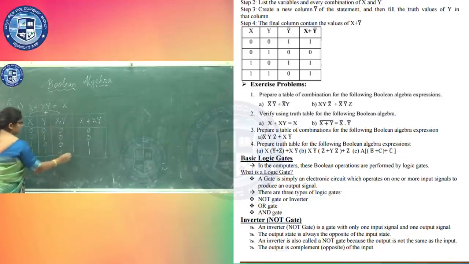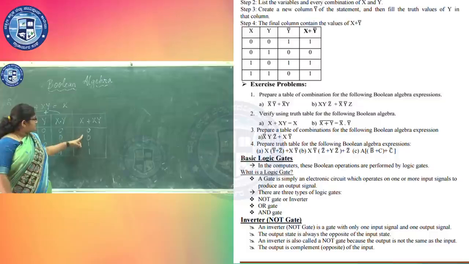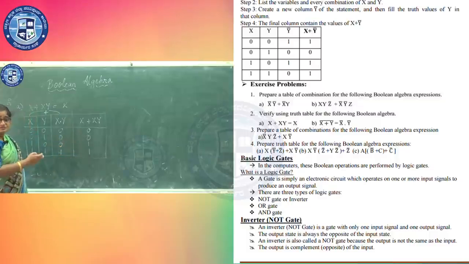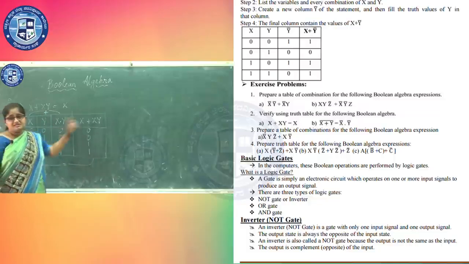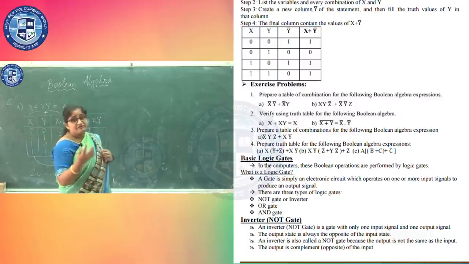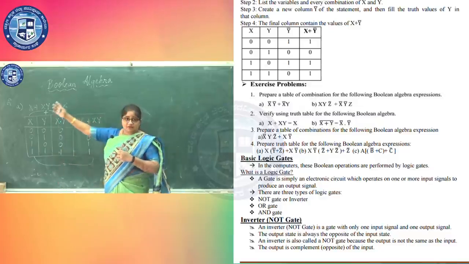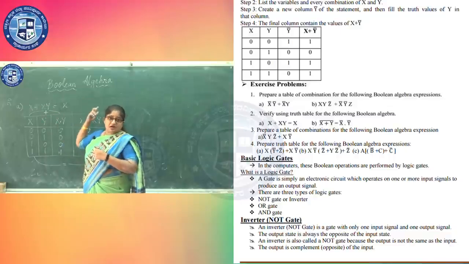Now we compare the value of x, 0 0 1 1, with x plus xy, 0 0 1 1. From this we infer that x is equal to x plus xy. So this is how we evaluate a Boolean expression, when we have to prove that LHS is equal to RHS.